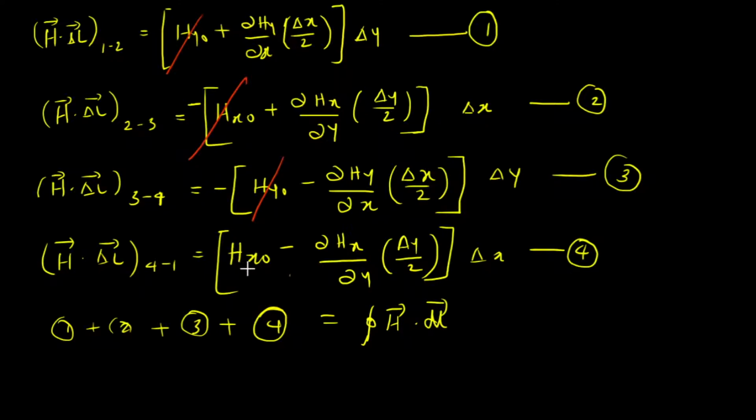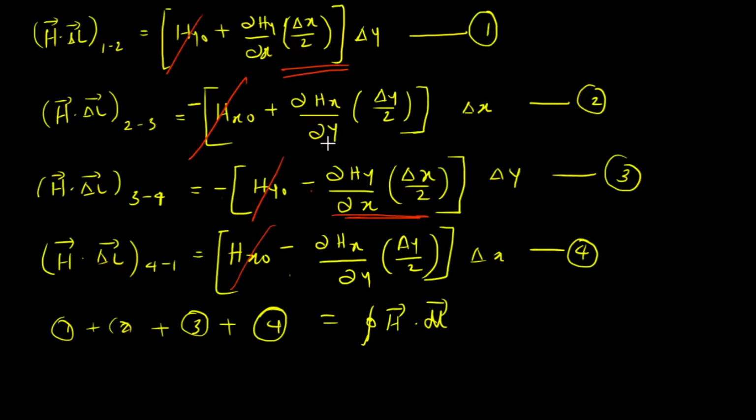Here minus Hx naught and Hx naught evaluate to 0. Now you have the partial of Hy with respect to x, delta x by 2, times delta y. The minus becomes plus, so the partial of Hy by partial x, delta x by 2, delta y. So it becomes 2 times this and this.